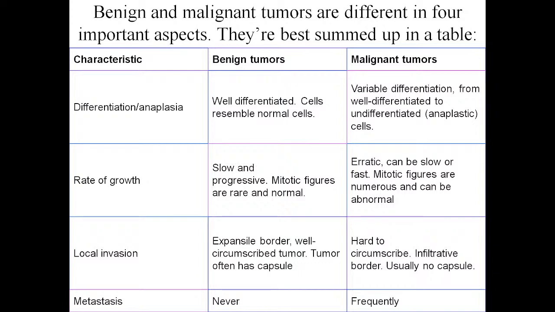The malignant tumor is hard to circumscribe, has an infiltrative border, and usually no capsule. Malignant tumor, different from the benign tumor, has no capsule.